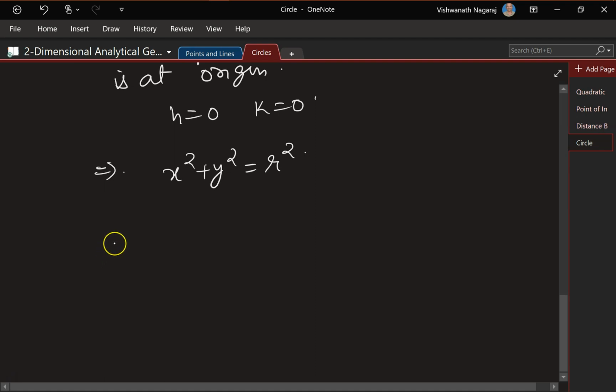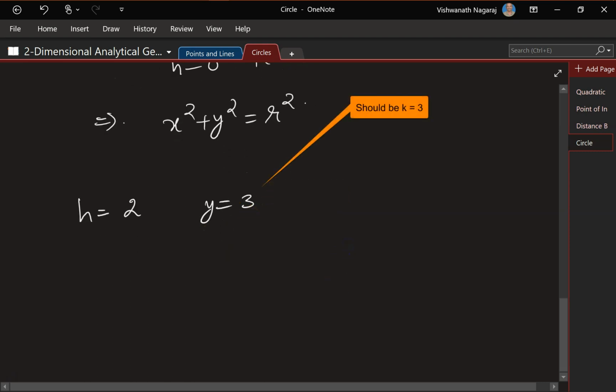Let's say h is equal to 2, k is equal to 3. Then based on the above equation, we will end up with (x minus 2) square plus (y minus 3) square equal to R square.